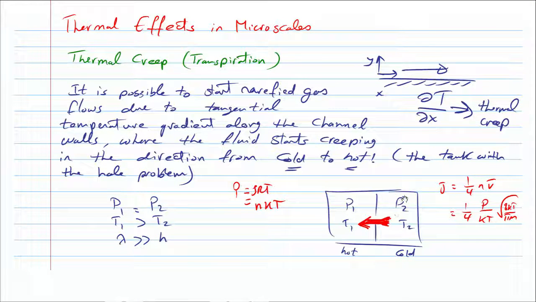So now he's saying that if we consider one tank divided into two parts, one at P1 T1 and the other at P2 T2, with different pressure and different temperature, and there is one hole that is small enough that it's smaller than lambda, the mean free path, that means the molecules will move across that hole without colliding with another molecule.